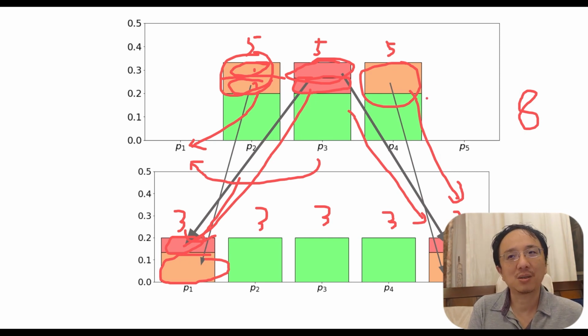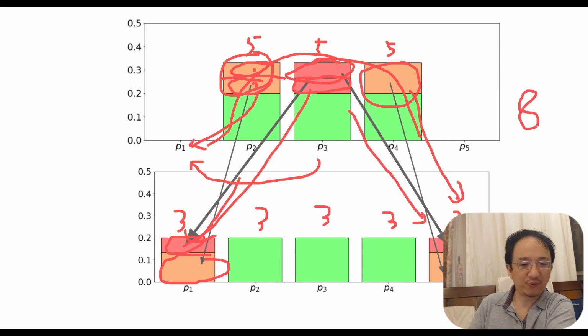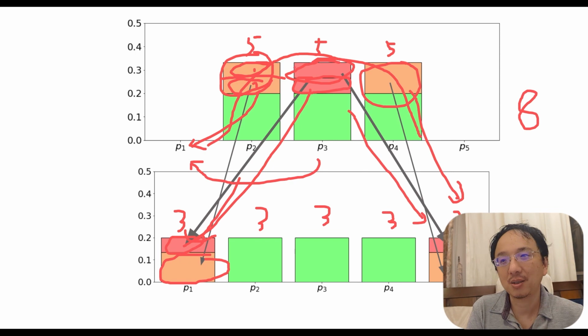The minimum cost can represent the distance between these 2 distributions. So this is why it is also called the Earth mover distance, because if you imagine this is not just 15 boxes, it is like 10,000 small boxes, or just 10,000 dirts. So it is moving some earth from here to the other place.